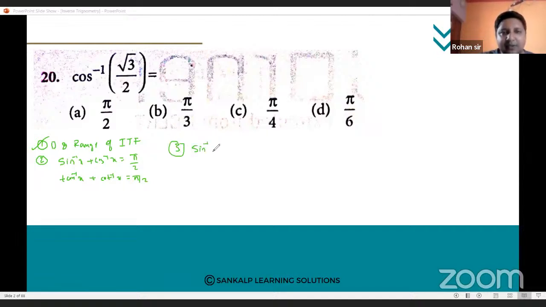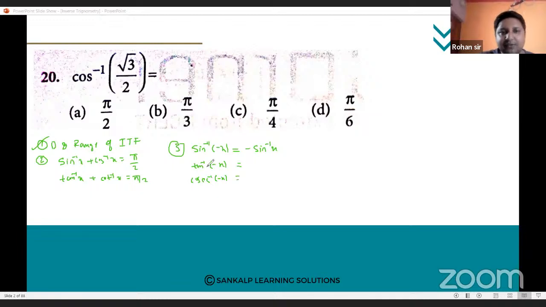Third, you need to know the inverse of minus x. Sine inverse of minus x is minus sine inverse x, and the same formula is applicable for tan inverse of minus x and cosec inverse of minus x.